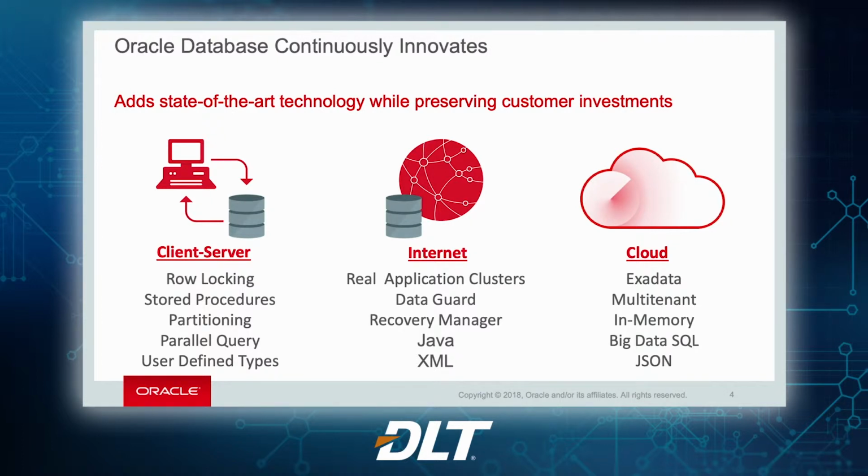So going back to the internet, let's look in that box. So the Java, the XML, that was the age of people starting to do object-oriented programming, and people said, oh, we're going to start using an object database. Well, guess what happened? Oracle added XML. We now see object relational mapping and so forth, and Oracle remains the backbone of applications in that space. And as we move forward into cloud, everybody's talking about REST and JSON and all of that.